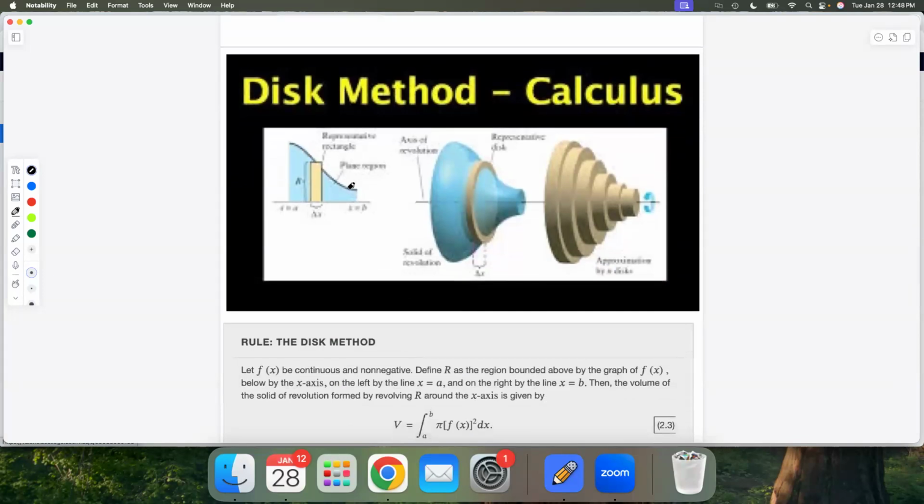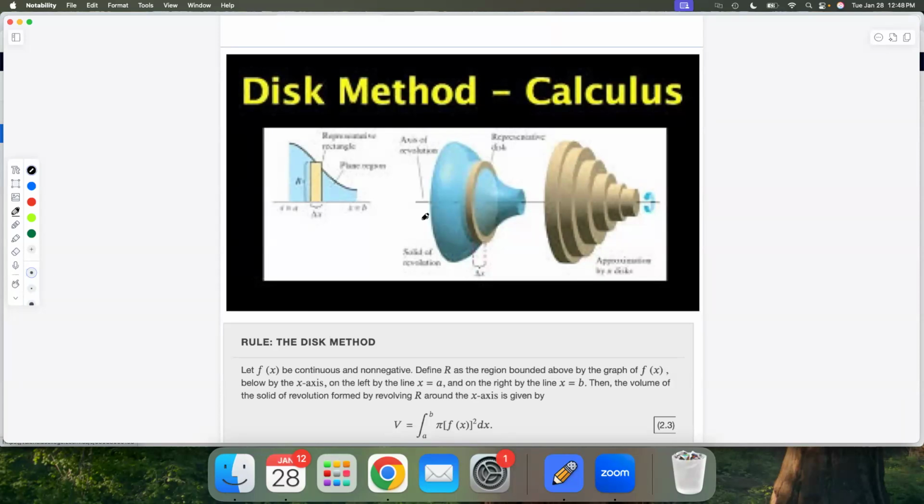So the idea is you've got some curve, you rotate it around, and what we're doing in this method here is we're approximating that volume by imagining this blue volume here as a bunch of coins stacked on top of each other, where those coins are changing size as you go. The radius of each coin at some position x is just the function value at that position x.